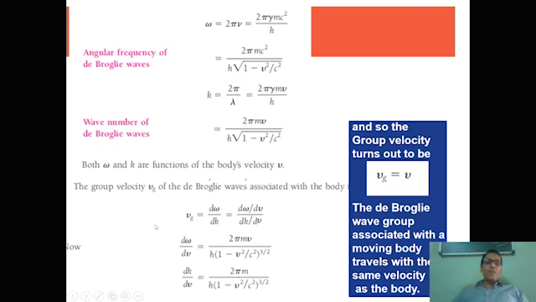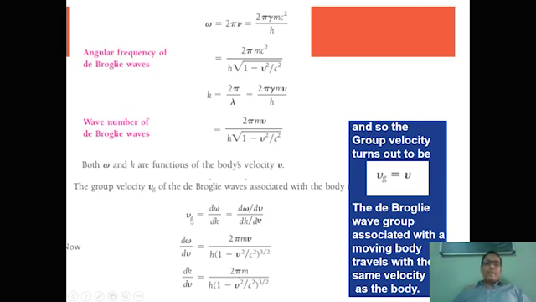Now we have to calculate the group velocity vg, which is equivalent to d omega by dk. This can be written as d omega by dv divided by dk by dv. So in terms of differentiation of omega with respect to v and k with respect to v, we have this relation.